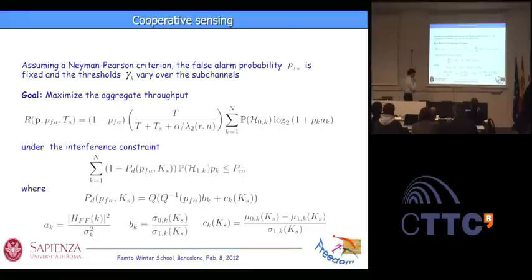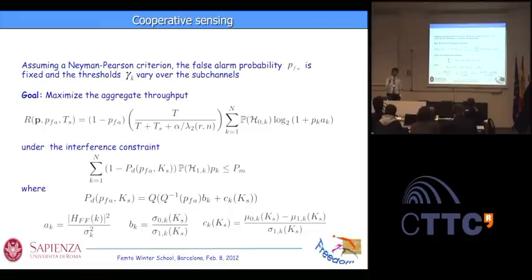To find thresholds, we need to specify the detection criterion, which criterion we are going to use. Well, for this case, we thought it would be reasonable to assume the well-known Neyman-Pearson criterion. So Neyman-Pearson says that you want to find the threshold so that, for a given false alarm rate, you maximize the detection probability.